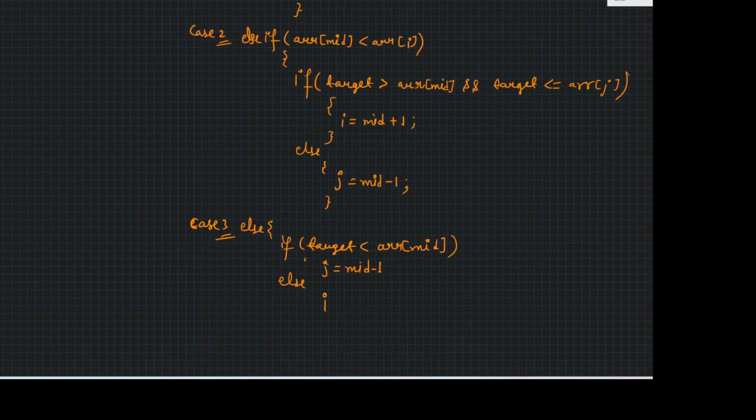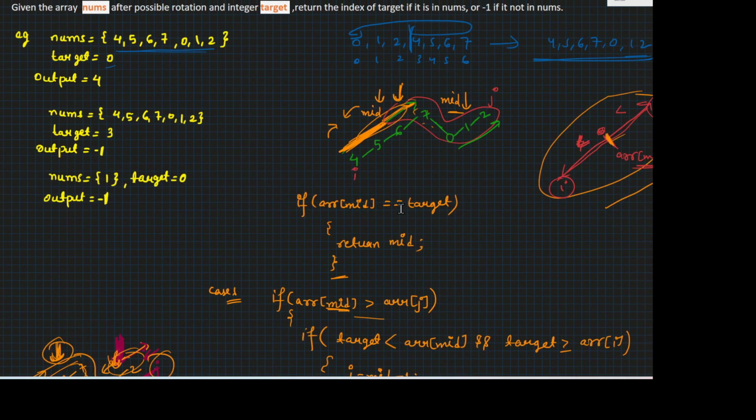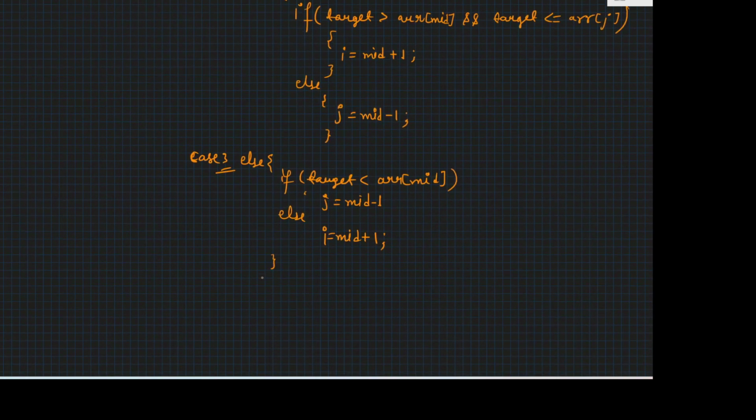Else I is equal to mid plus 1. Okay, and this loop will run until I is smaller than or equal to J.